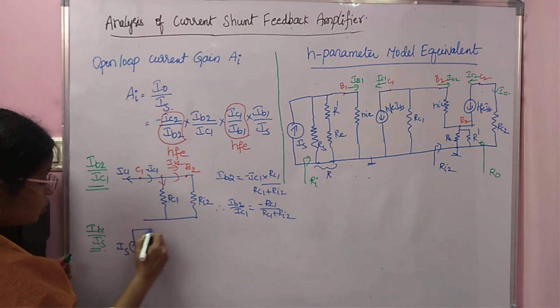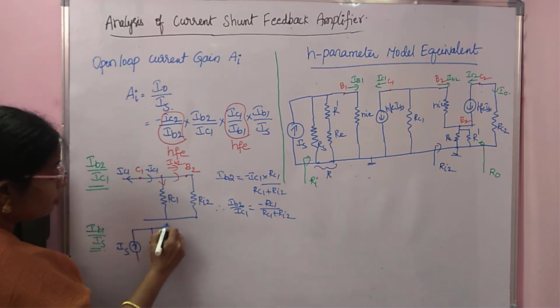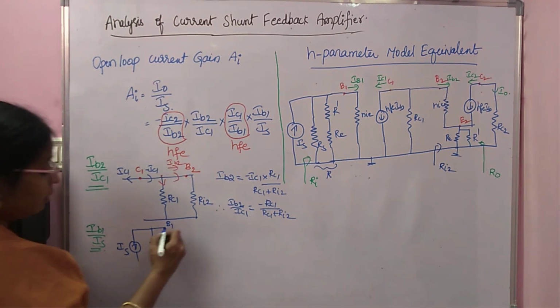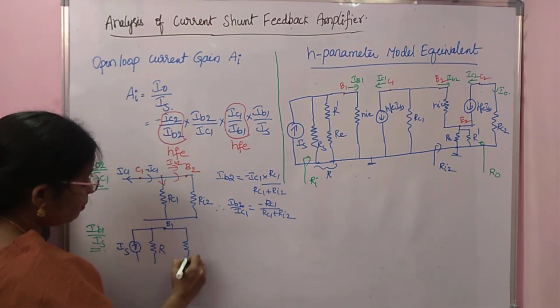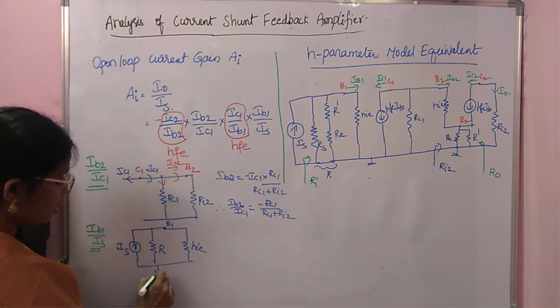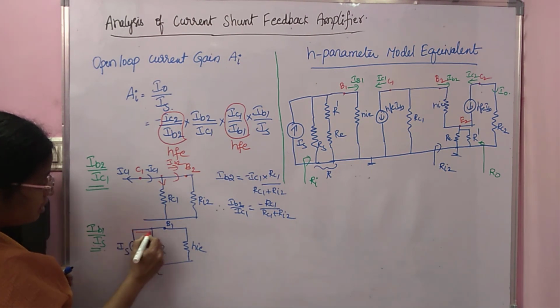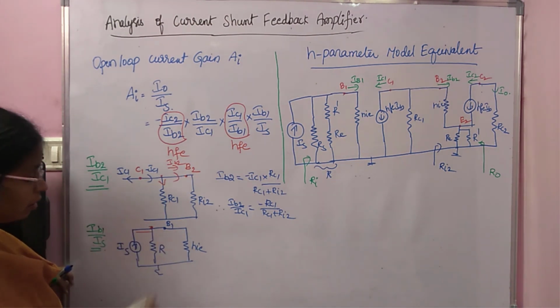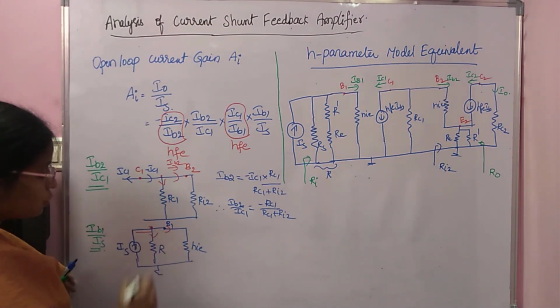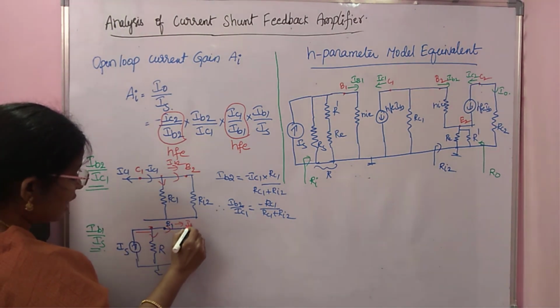Okay, so it is totally your R, and then you have your B1 terminal. From B1 HIE is connected, all this is connected to ground. So here also IS is coming like this and it enters this node. It gets divided into these two. So now this current is your IB1.